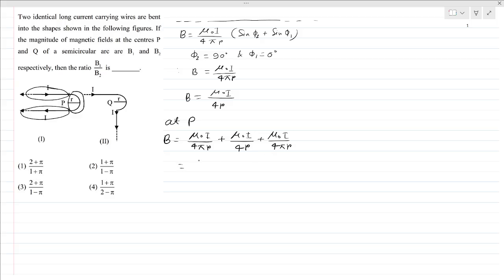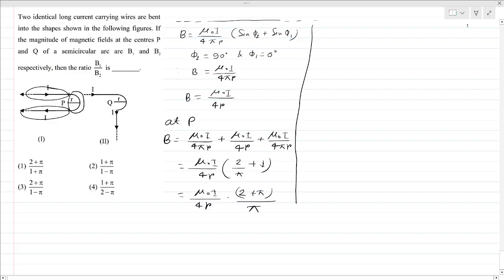So we take a common factor of mu 0 I by 4r. We can write 2 by pi plus 1 equals mu 0 I by 4r into 2 plus pi by pi. So this is for the first case.